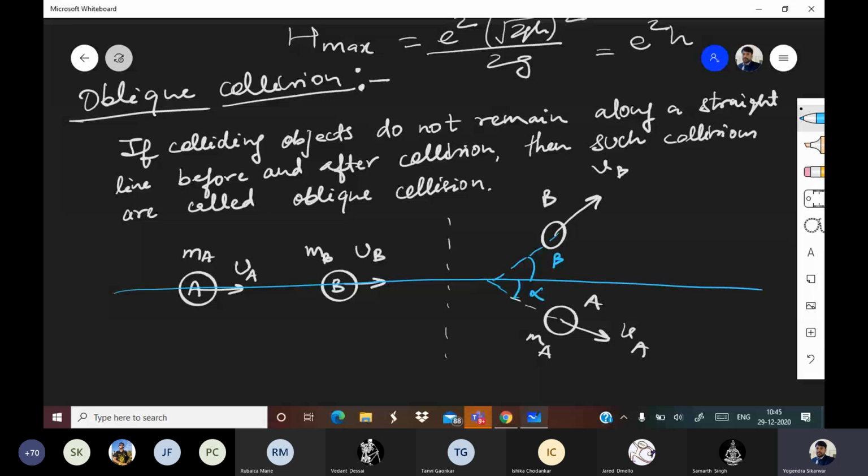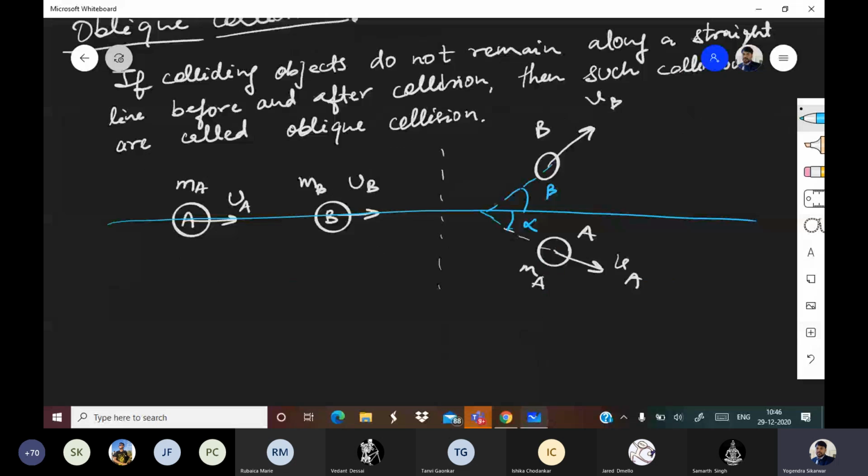Now point to be noted. Linear momentum conservation is still applicable. So applying LMC, I am considering this direction as x and this direction as y. Applying LMC along x-axis.